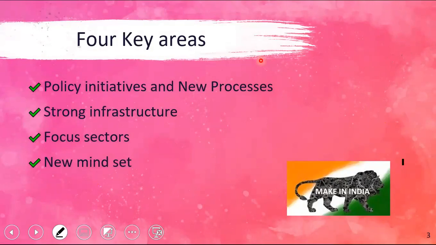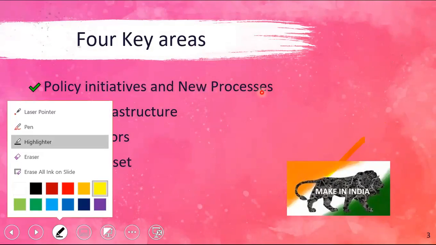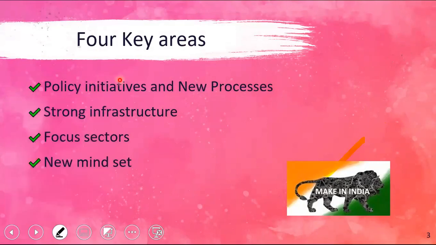Did you see the symbol of Make in India? You can see here. The symbol is that of a lion. What does this lion represent, children? It means speed. We know that the lion is the king of the animals, and the way in which a lion acts is quite aggressive. That is what the symbol represents. It's an aggressive movement.